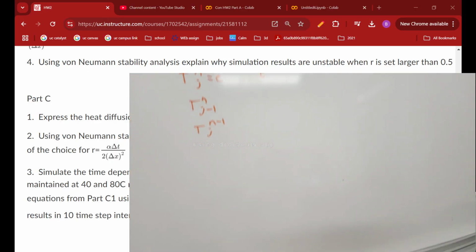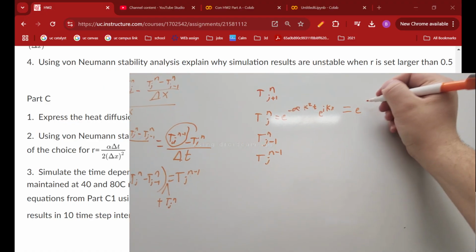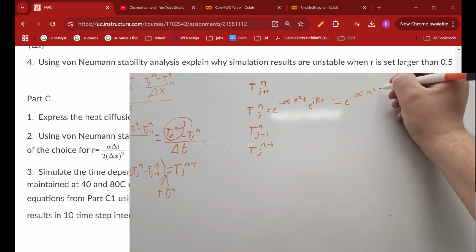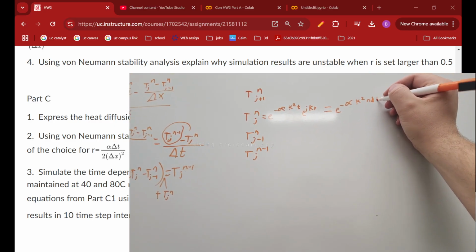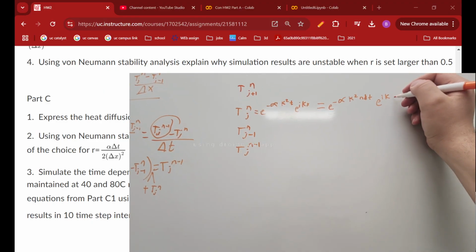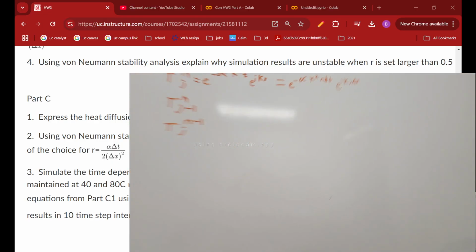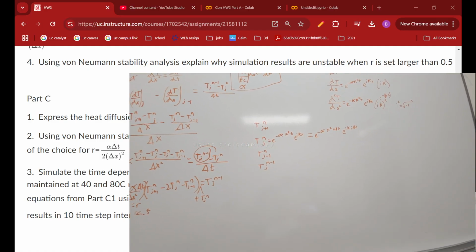But earlier we had found that this, if we substitute in things, we also have n delta t and i k j delta x. So that would be that one.